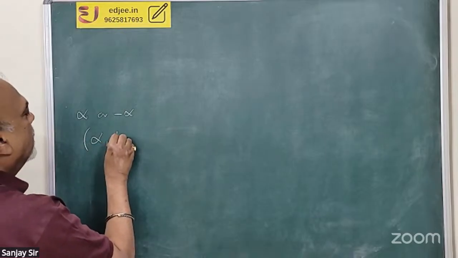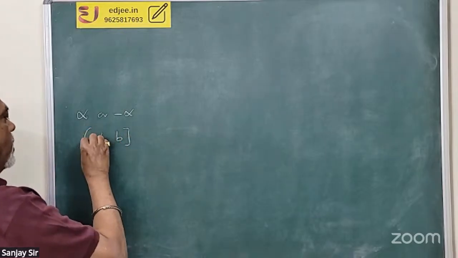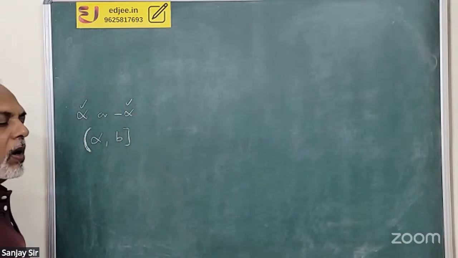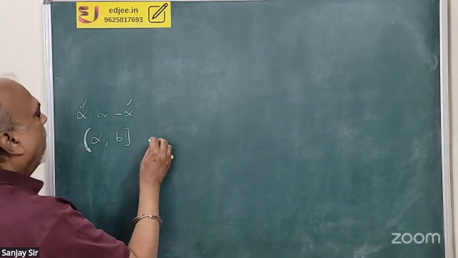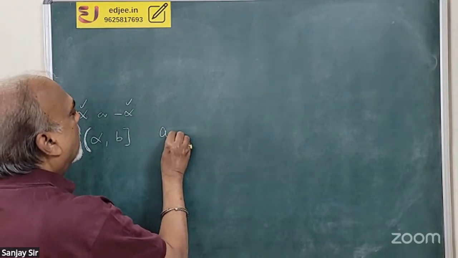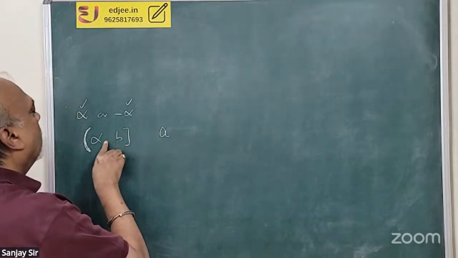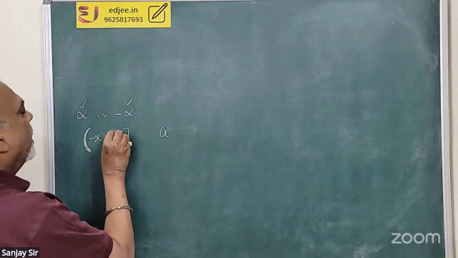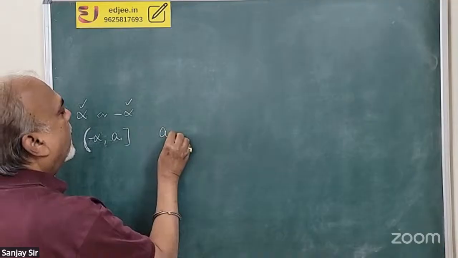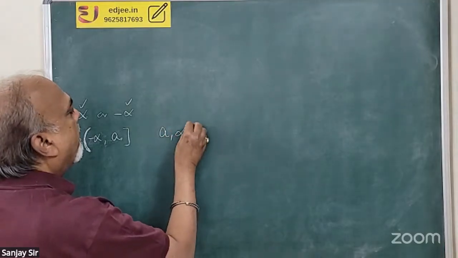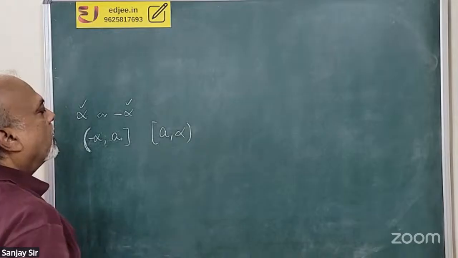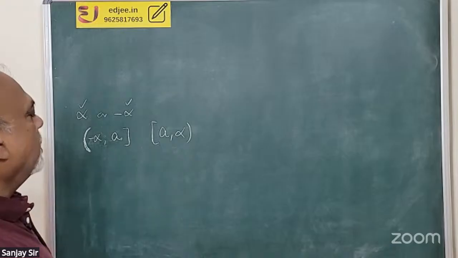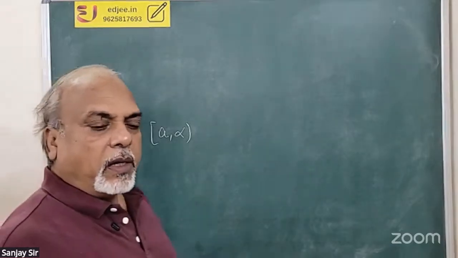Suppose your interval is like this. So this infinite, they will always have open intervals. Minus infinity, a, and here a is included here, but whenever infinite is there, then it will always be open.